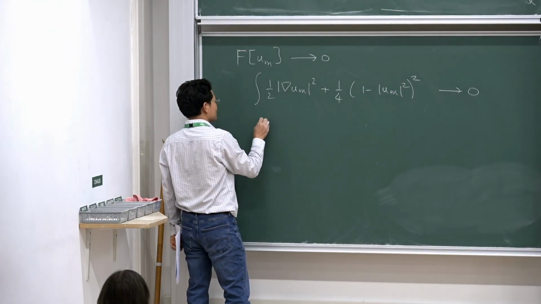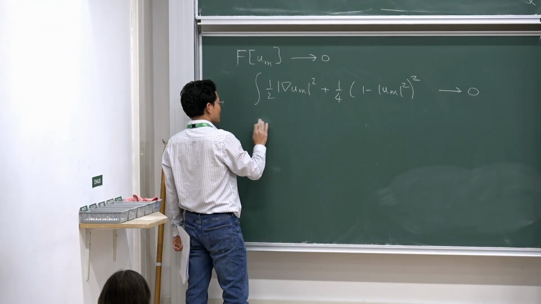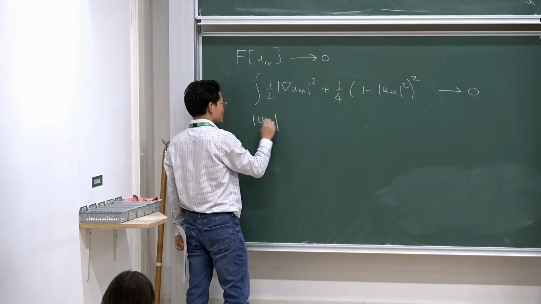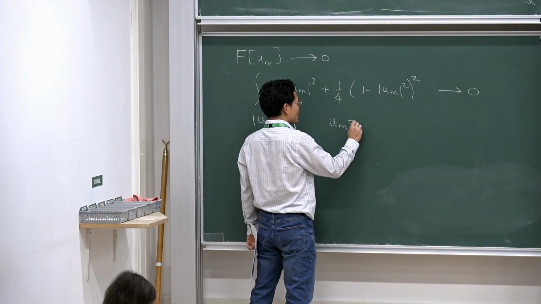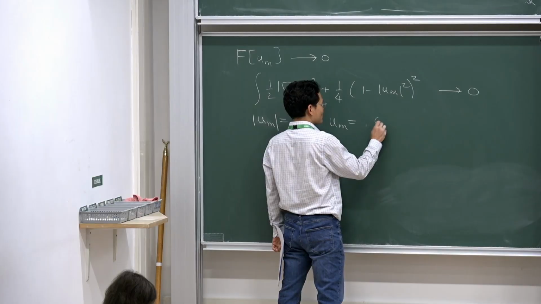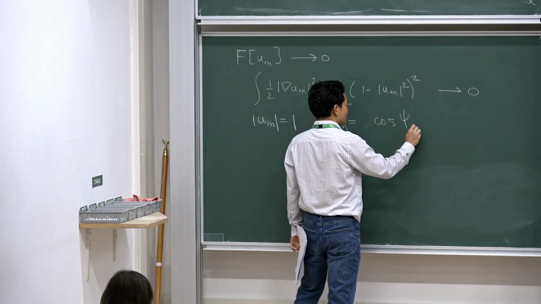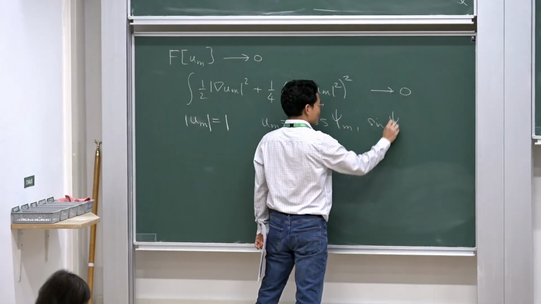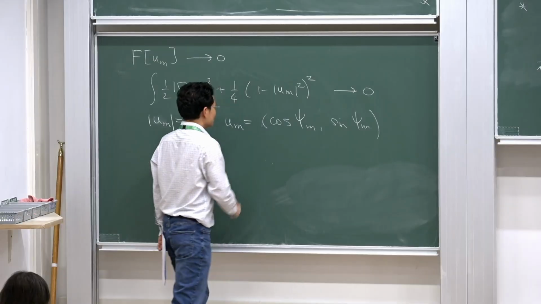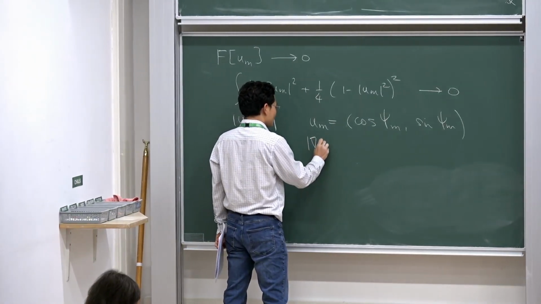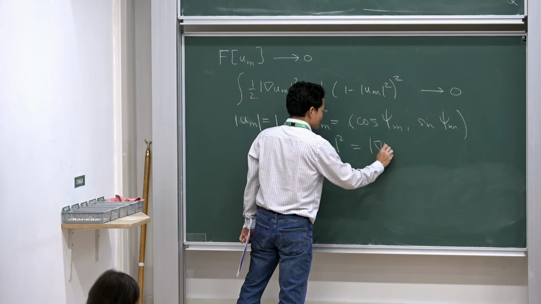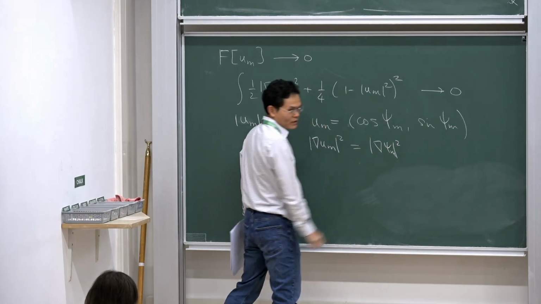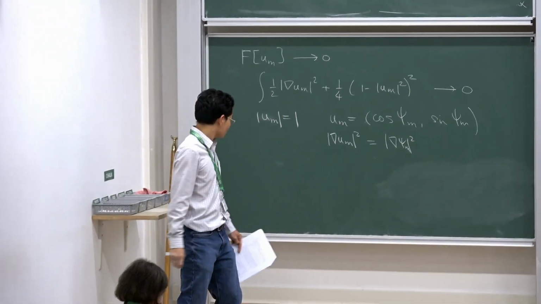In this case, let's say that we make this 1. Then you can write U_m in this form: cosine of psi_m and sine of psi_m. And you calculate that the norm of the gradient of U_m is the gradient of psi_m squared.